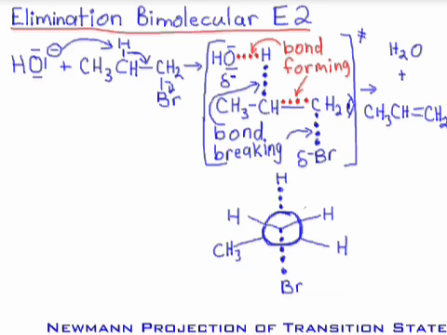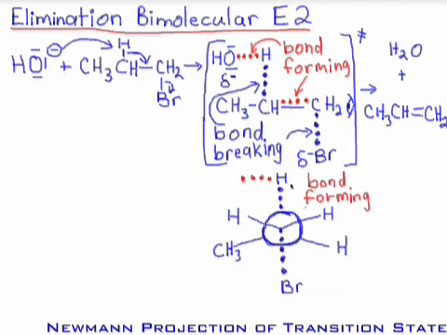Now I can show the red bond forming at least to the hydroxide, so we can put that over here. But I can't show the other bond forming, so let's write bond forming here. Because the other bond forming is along the carbon-carbon bond that we're looking at, and that represents the pi bond.